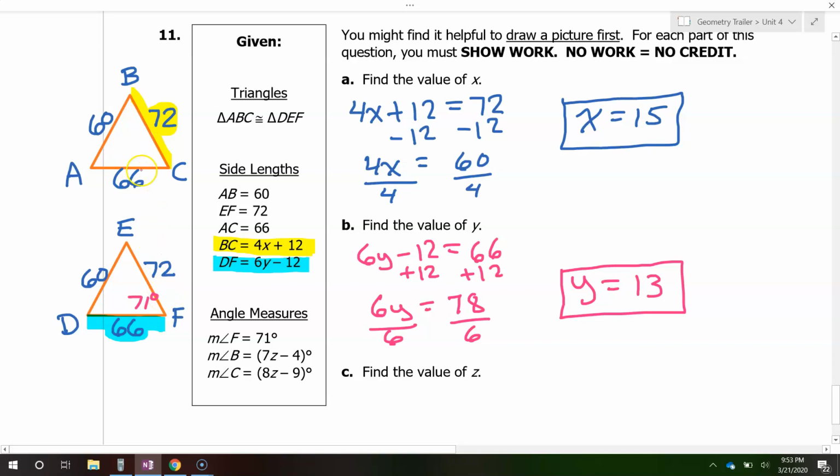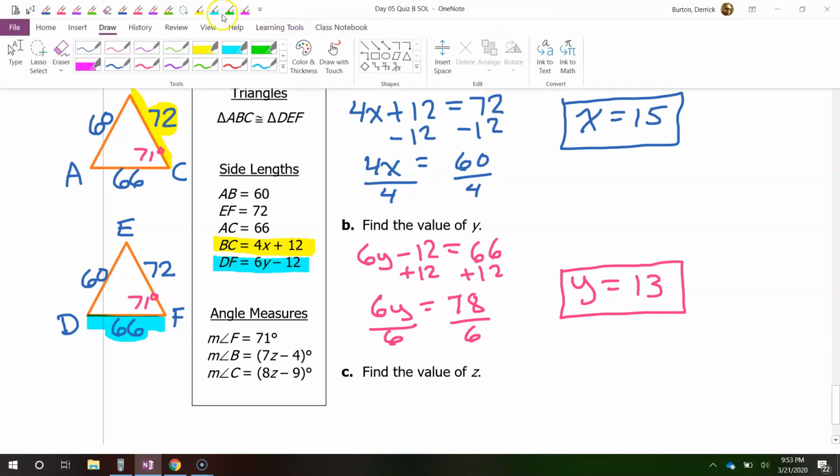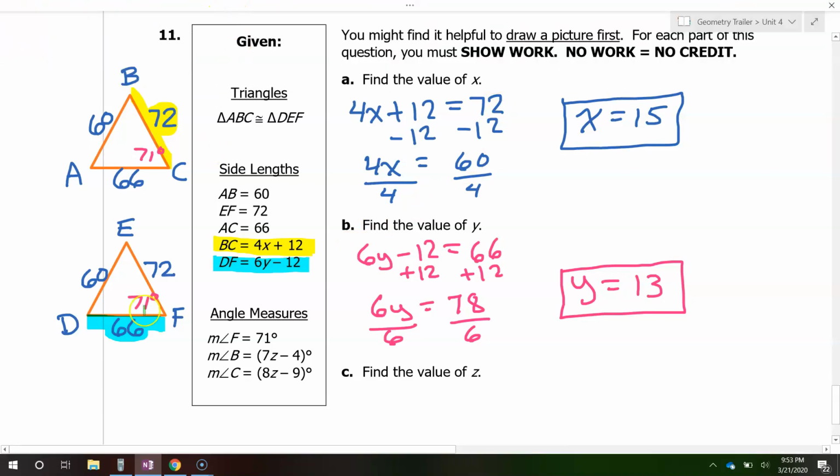That corresponds with angle C though. So that means that angle C is 71 degrees. Interesting. Do you see what I see? Look, we have angle C and we have angle F.